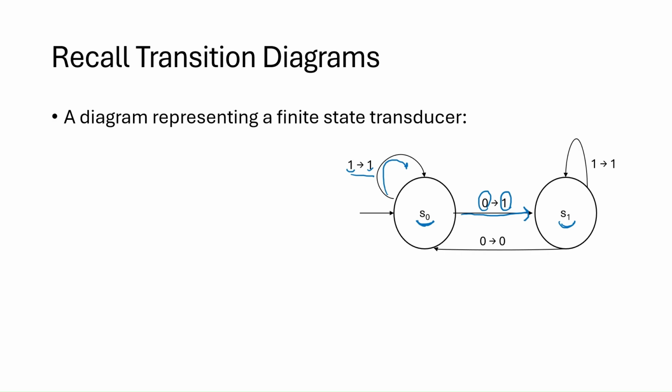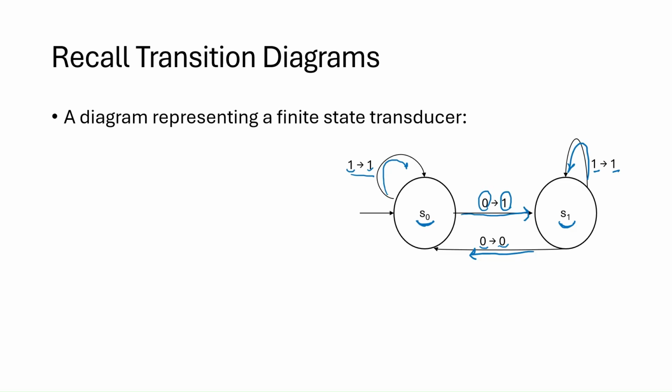This edge down here tells us that if our current state is S1 and we read a 0, we output a 0 and transition back to S0. And finally, this edge tells us that if the current state is S1 and we read a 1, we output a 1 and we stay at S1.